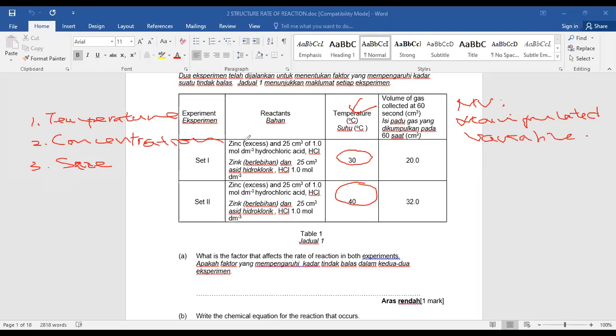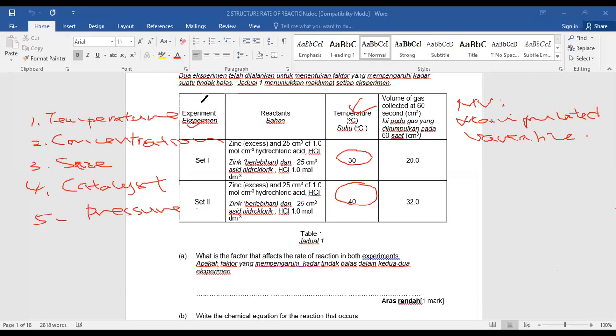Meaning we are changing the size of the zinc. We may use the zinc strip, we may use the zinc powder. Number 4, the presence of catalyst. And number 5, we are going to talk about the pressure. So today we are going to talk about the temperature first. And I don't follow the sequence of your textbook. You follow what I am doing so that you know what is really happening.